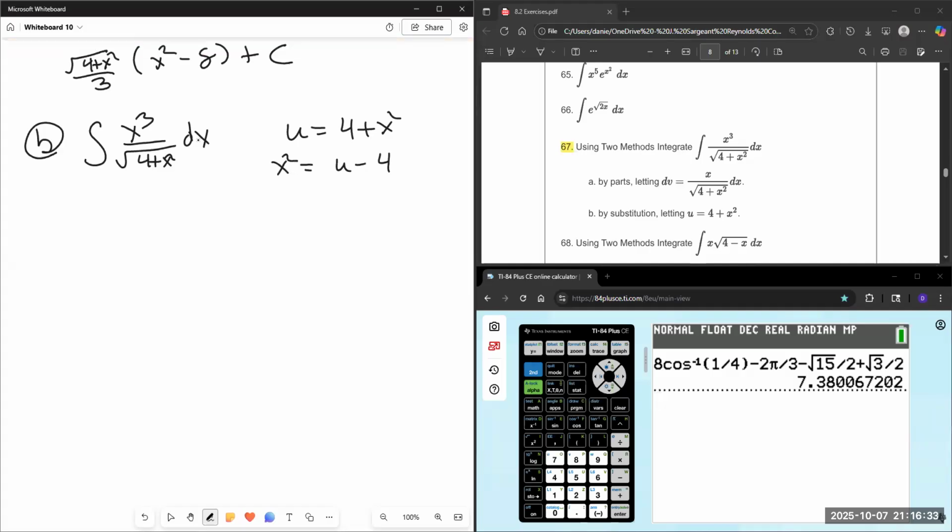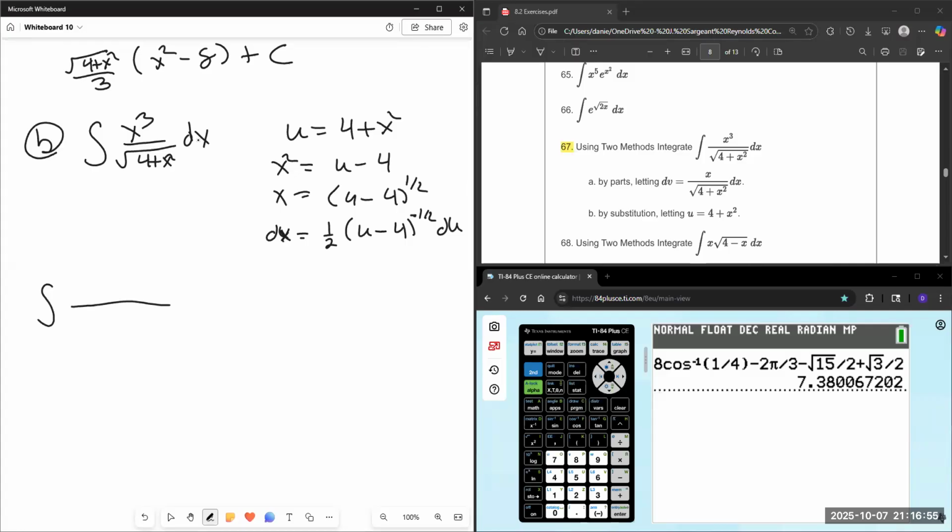And I'll have x is equal to u minus 4 to the 1/2 power. dx is equal to 1/2 u minus 4 to the negative 1/2 times du.